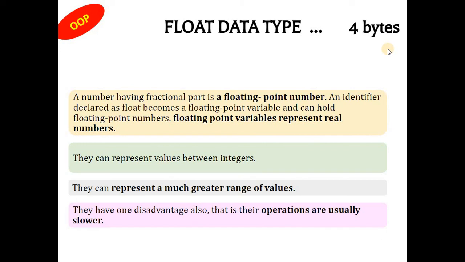The float data type has 4 bytes. A number which has a fractional part is known as a floating point number, and when you declare an identifier as a float, it represents real numbers, and these represent a much greater range of values. The only disadvantage here is that operations are usually slower in case of float variables.